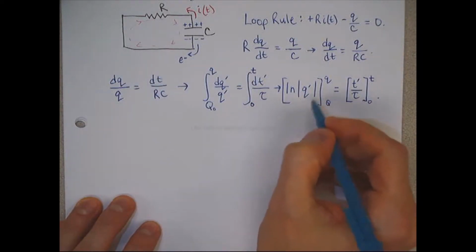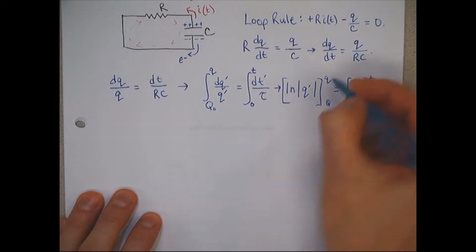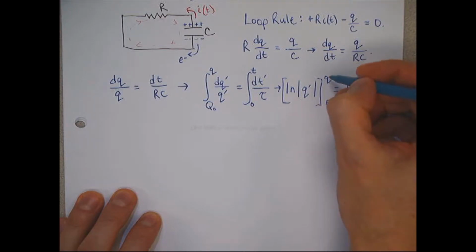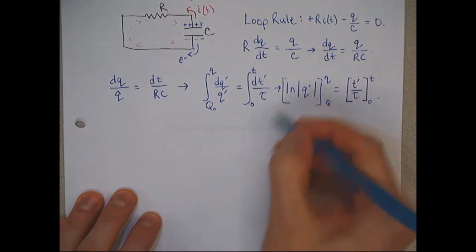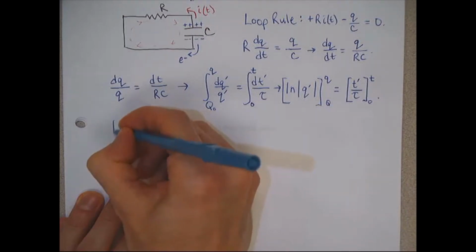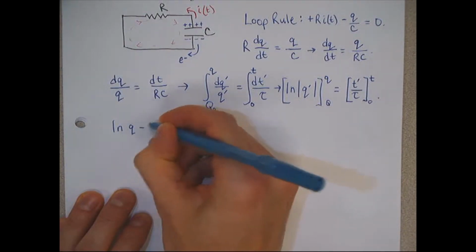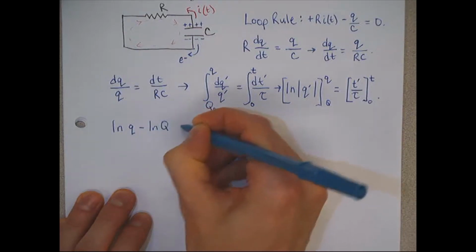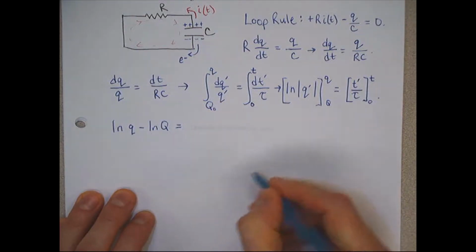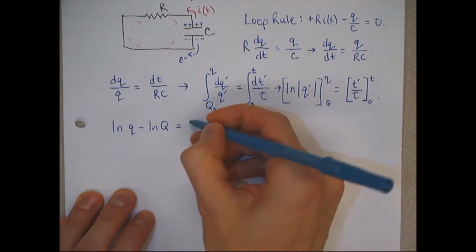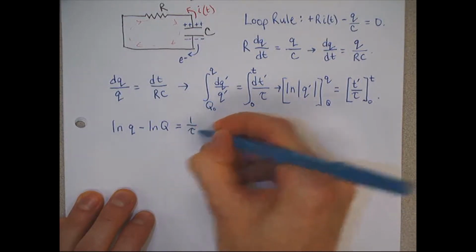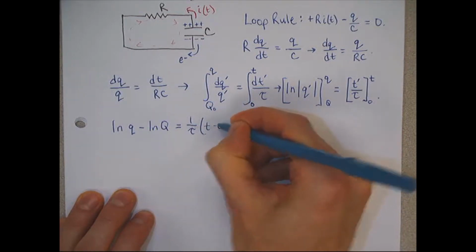Okay, as before, both of these quantities, their magnitudes of charge on plates, are positive, so we'll have the difference of the logs equals 1 over tau times t minus 0.